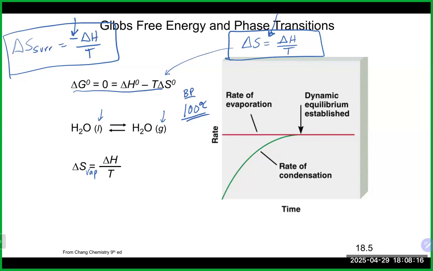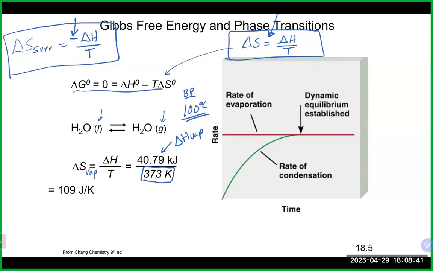If we put in our values, this is the delta H of vaporization for water. That's the energy required to change liquid water to steam at 100 degrees Celsius, without changing the temperature. And this is our boiling point temperature: 100 plus 273 gives us 373 Kelvin.